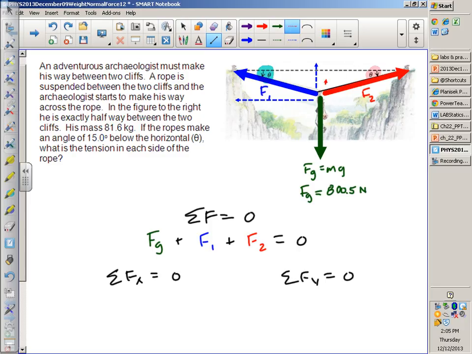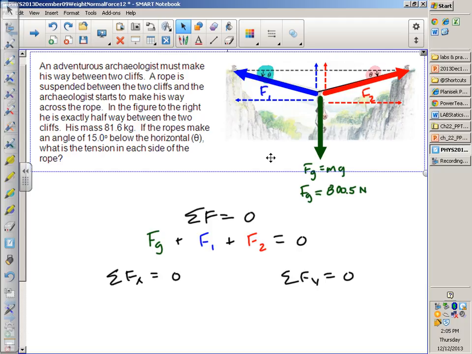F2 has a component that goes this way, and a component that goes this way. Alright, good there? Now, in this case, we only know one force, and that's gravity. So which side are we going to work with here? Probably X or Y. Let's work Y.